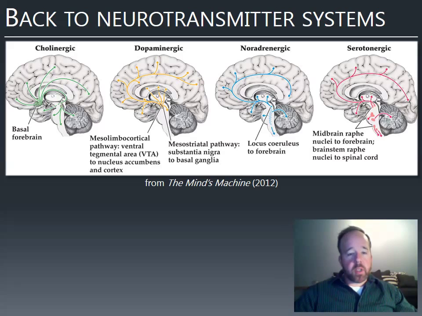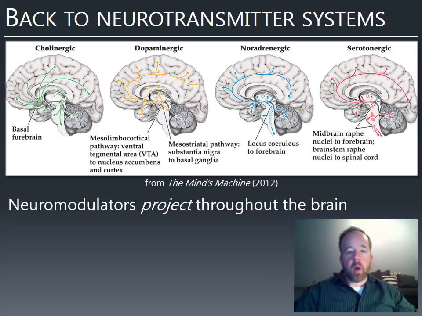And what we can see is that these neurotransmitters, the neuromodulators, acetylcholine, dopamine, norepinephrine, serotonin, all originate around the middle of the brain, what's called the midbrain, and then send out axons, which we call projections, throughout the cortex, throughout the larger portion of the brain, the outside portion.